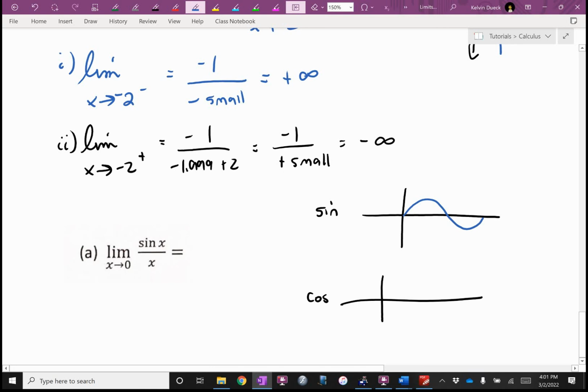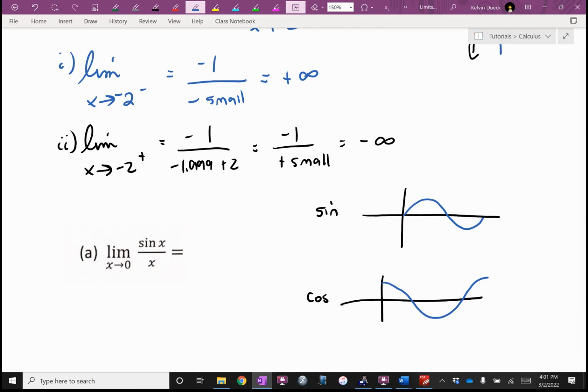It would be really, really cool if the sine graph looked like an S. That would be really, really cool. What's the cosine graph look like? It would be really cool if, turn your head sideways 90 degrees, the cosine graph sort of looked like a letter C. It doesn't quite, but close.